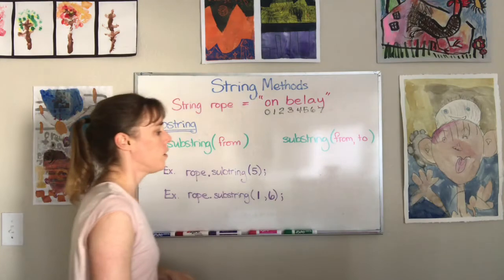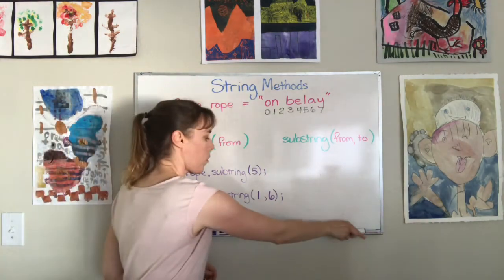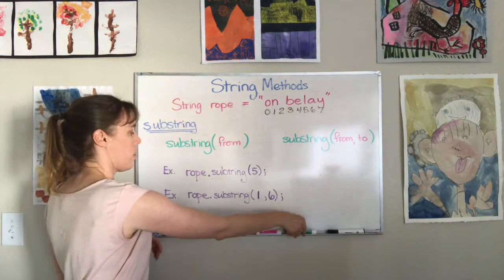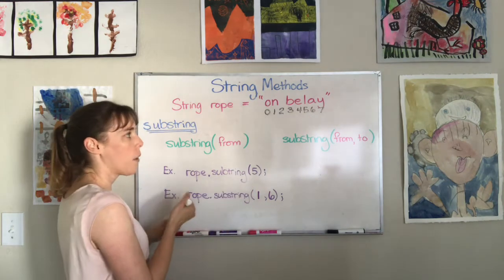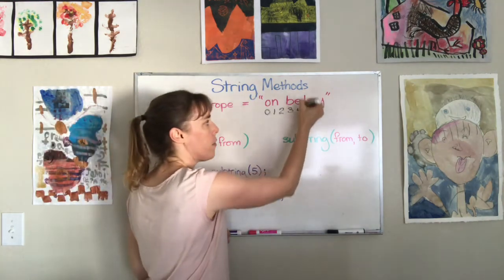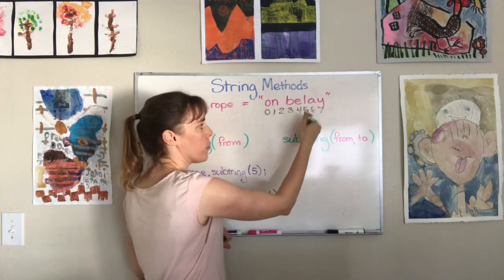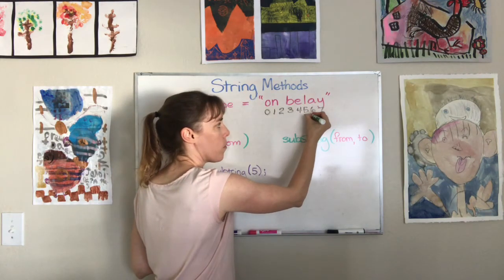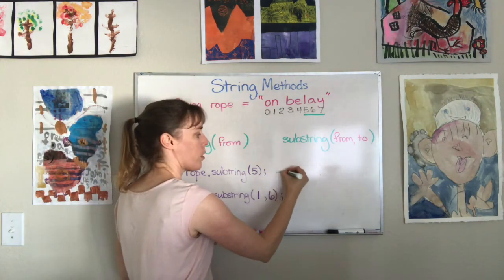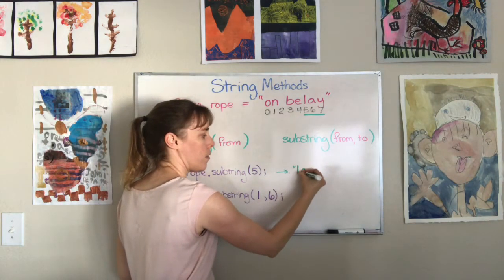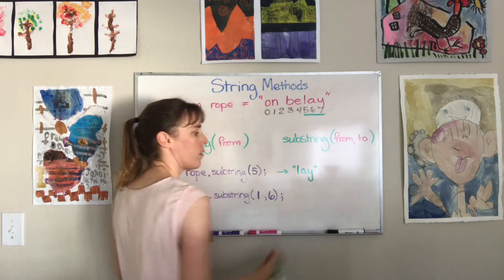Okay? So if I ask for rope.substring of 5, I would start from 5 and I would return everything from 5 until the end of the word. So this would return lay. Right?